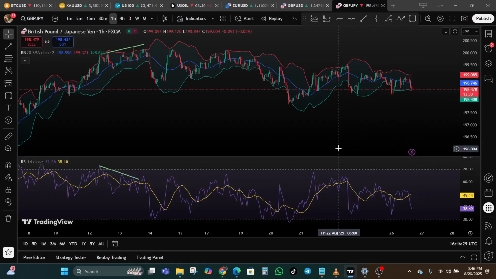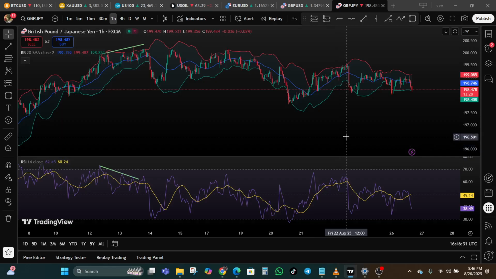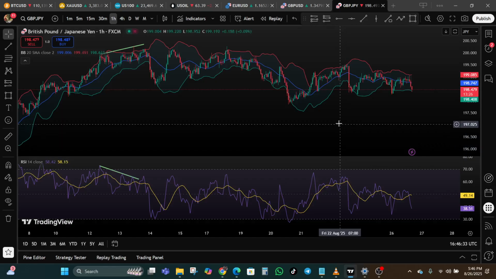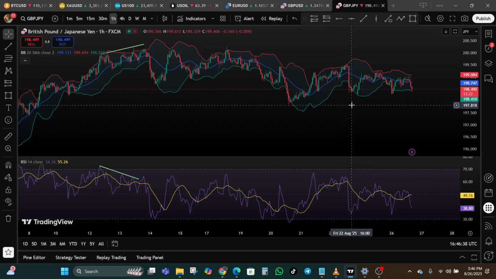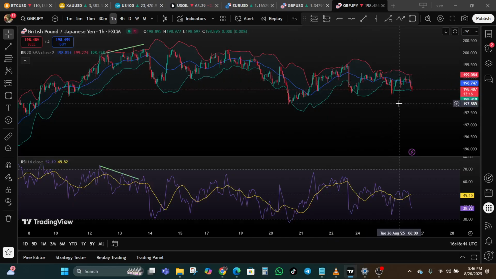What typically follows periods of low volatility is an expansion, which is a breakout in one direction. So when we see a squeeze, we know that the market is preparing to make a strong move.